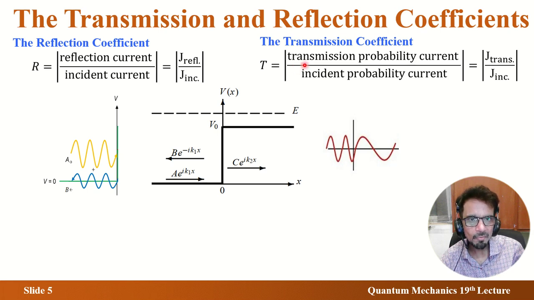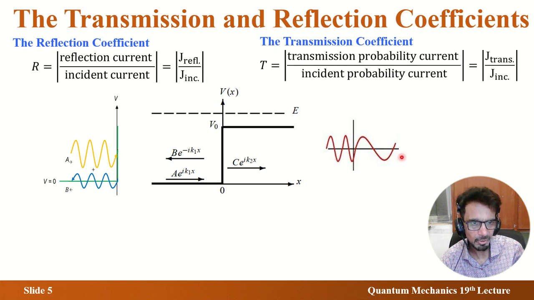The transmission coefficient is the same, except that in the numerator, rather than reflection, you have C, the transmitted wave. It's again taken to be a plane wave. You know, its wave number K1 is changed. Actual calculation tells why it is changed. And you take the ratio, and this is called the transmission coefficient.